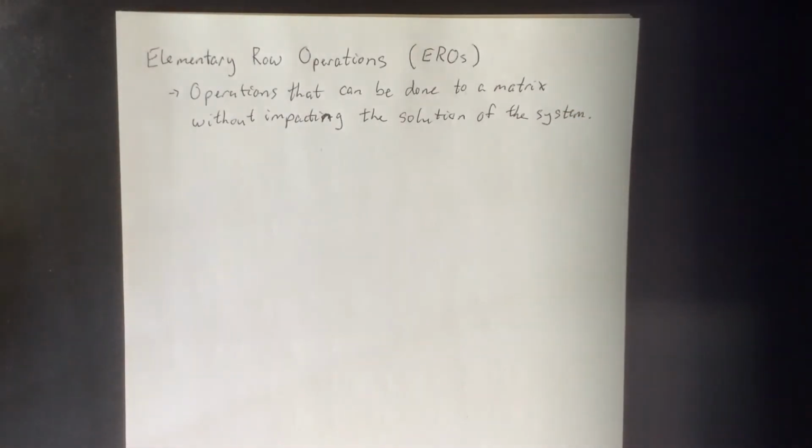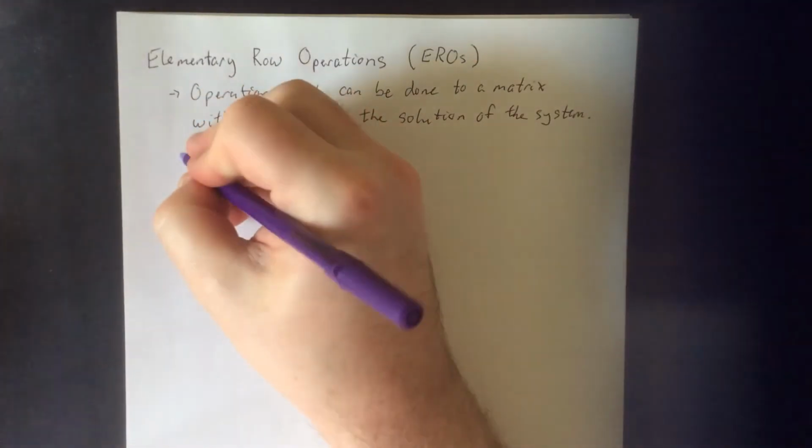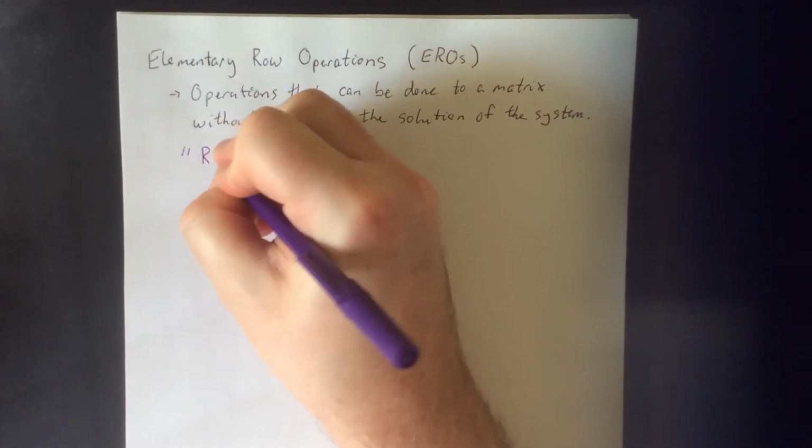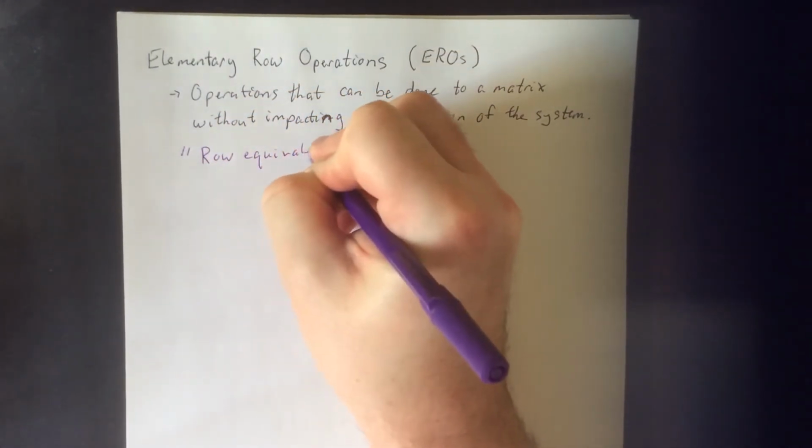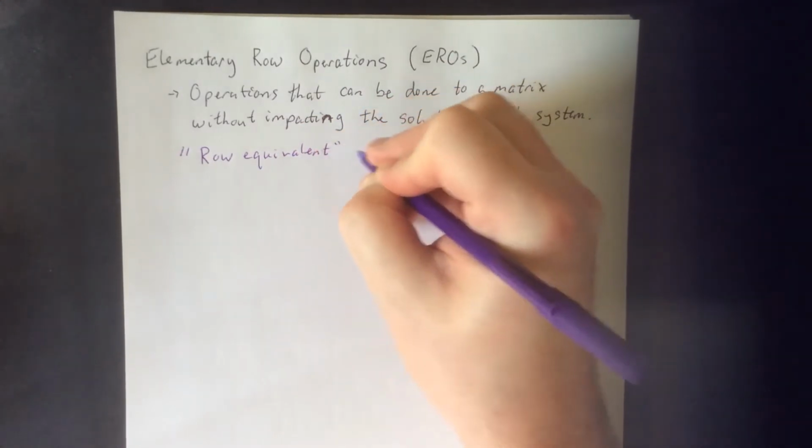So the matrices that you get after applying elementary row operations are said to be row equivalent to one another.